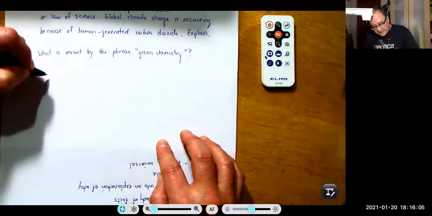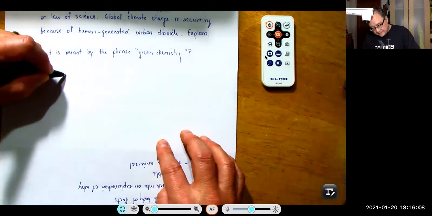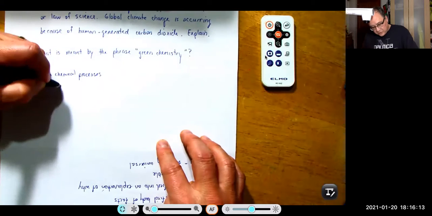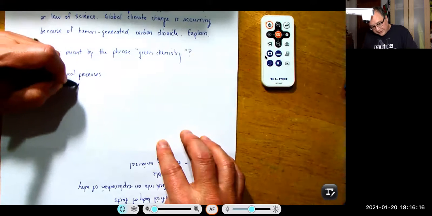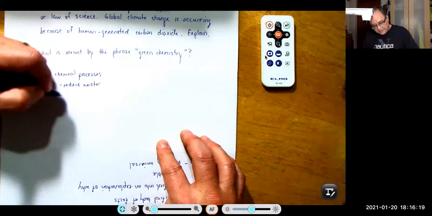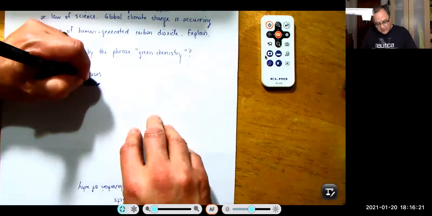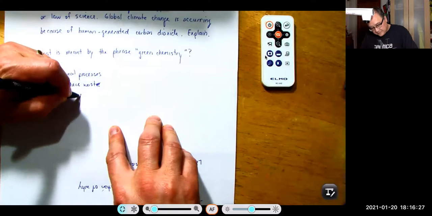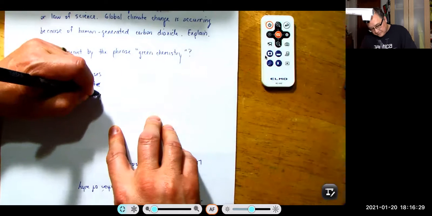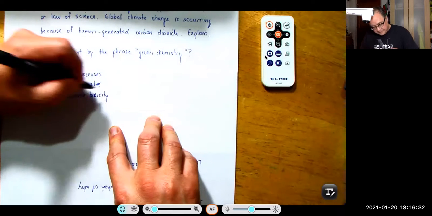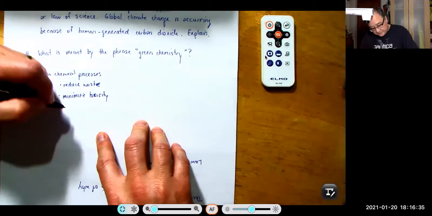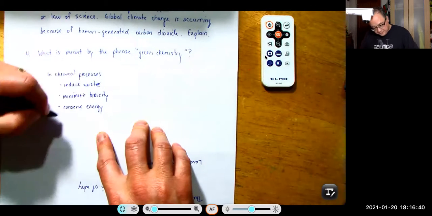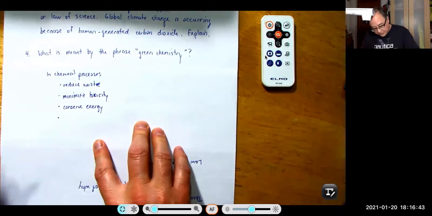We can write in chemical processes: reduce waste, minimize toxicity, conserve energy, use renewable resources.